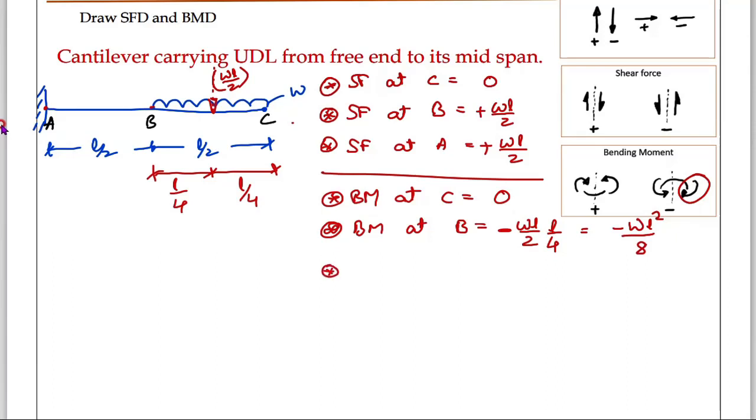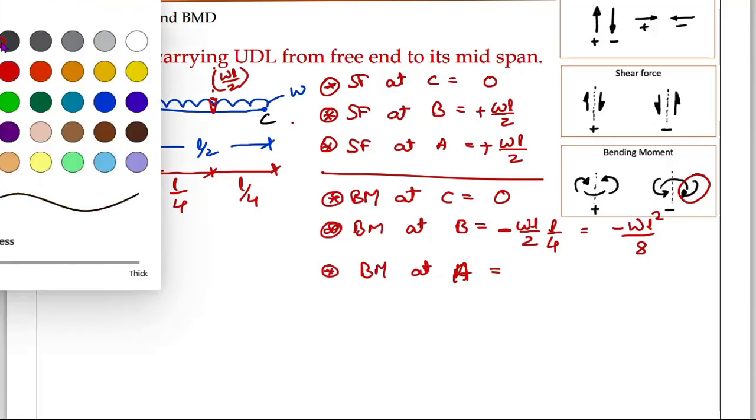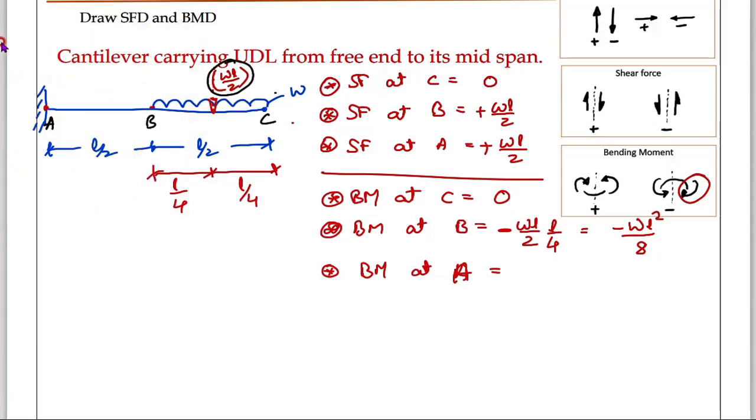Now bending moment at A point. Observe right side. What do you see on the right side? You see this load, and this load is creating a moment. What is this distance? This is L by 2 plus L by 4.